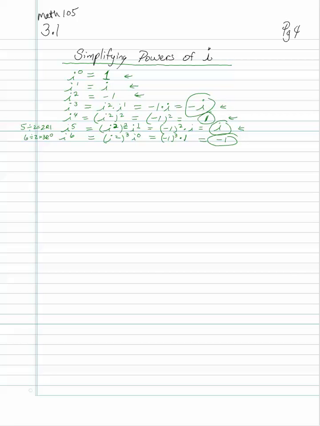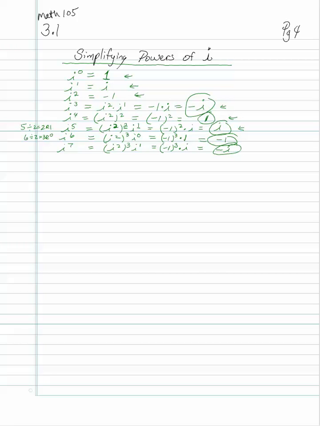So you see the pattern there? So i to the 7th, i squared. 7 divided by 2 is 3, that gets me 6 with a remainder of 1. So that's going to be negative 1 to the third power times i, which is negative i.